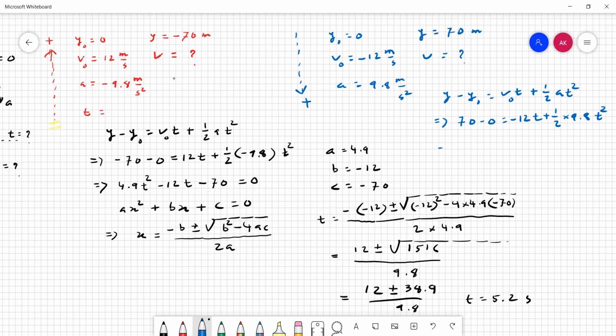You can transpose everything to the right in this case. So the left hand side will be 0, the right hand side will be 4.9 t squared, negative 12 t, negative 70.